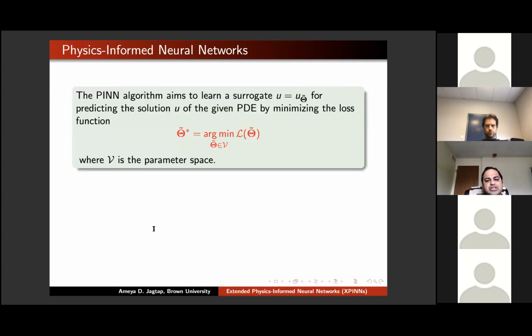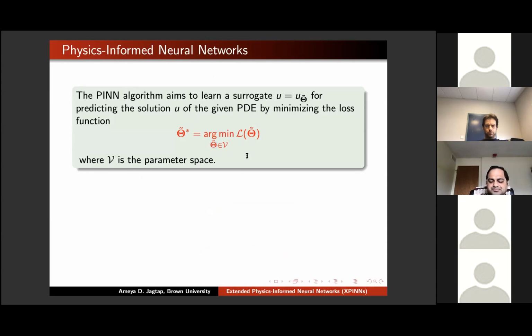The PINN algorithm aims to learn the surrogate u, which is u theta tilde, for predicting the solution u of the given PDE by minimizing the loss function defined here, where all my trainable parameters belong to the parametric space here.